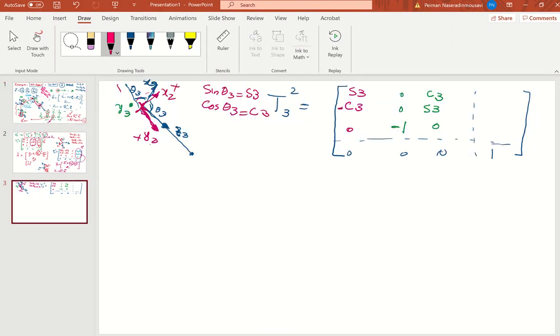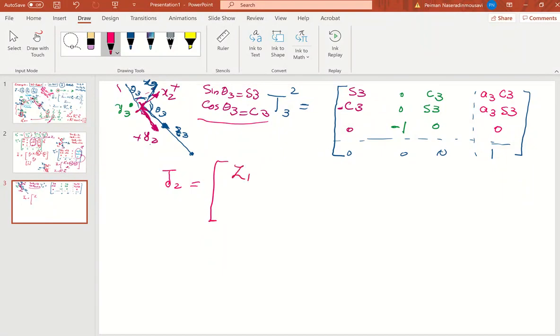So the displacement is going to be A3 cosine theta 3 as I'm writing, A3 sine theta 3 as I'm writing here, and there's no difference in z. So we got that.